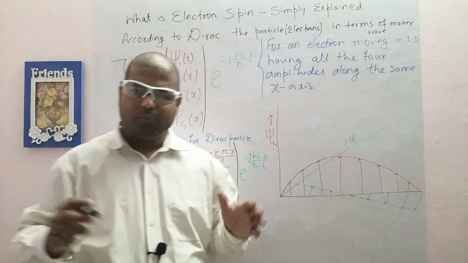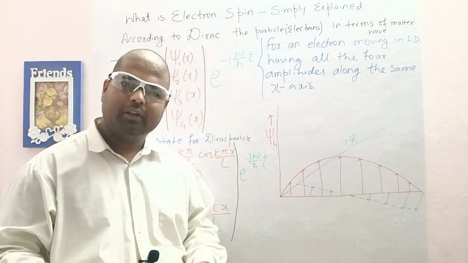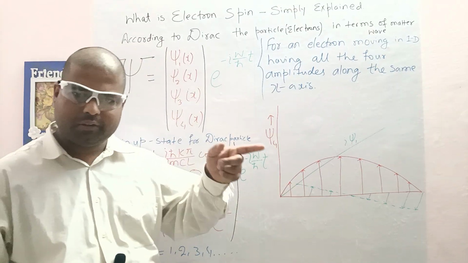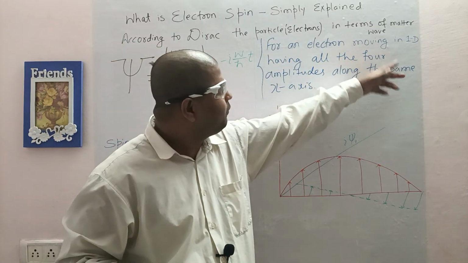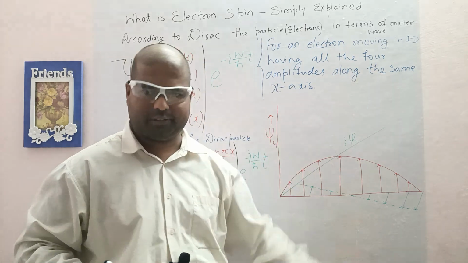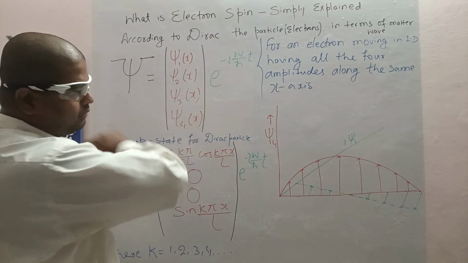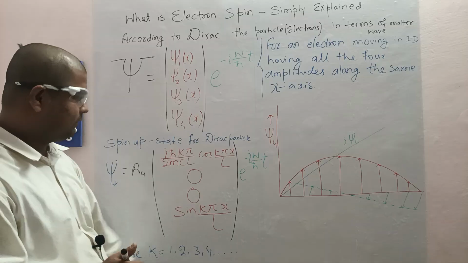Here, we think of the Dirac wave for an electron in 1 dimension, not 3 dimensions. For 3 dimensions, I will make a new video. For an electron moving in 1 direction, all the 4 amplitudes are along the same x-axis; they are functions of x.